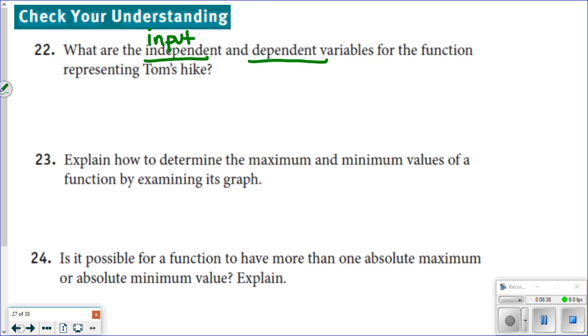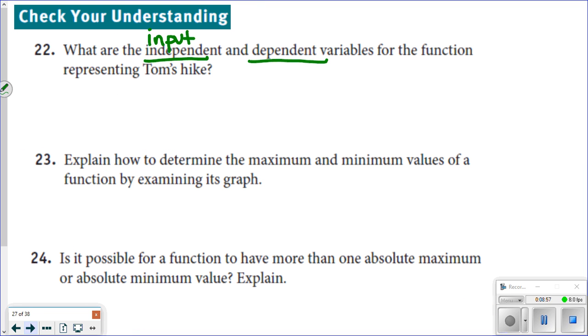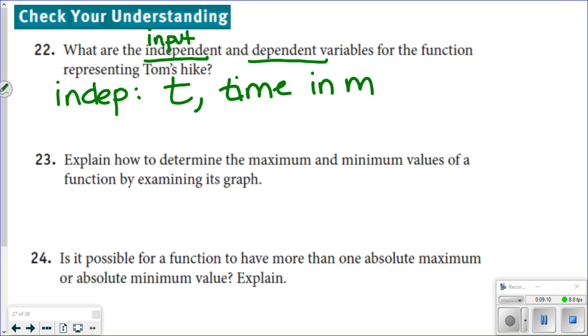If I go back and look, this right here is all of my input, independent variable, x values, domain. The variable is t, and remember, variable means letter. Independent would be t. And t stands for time in minutes.